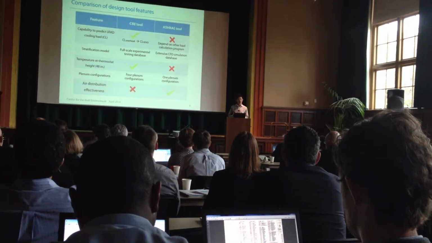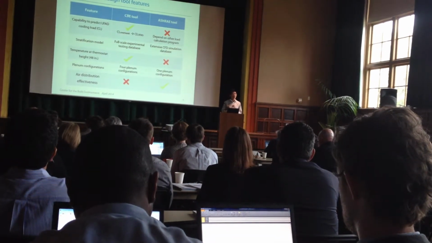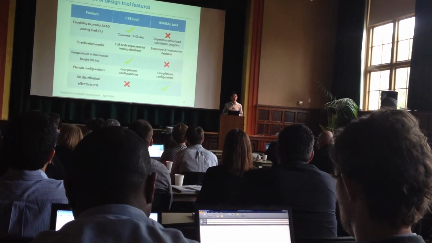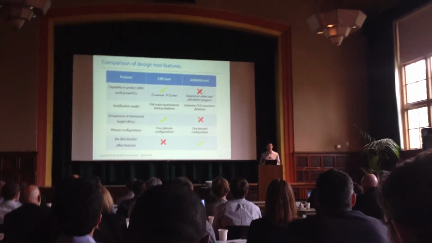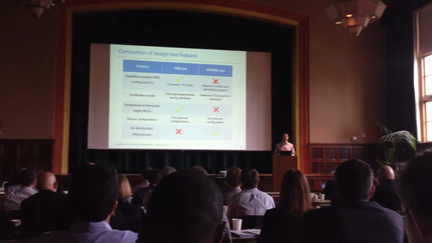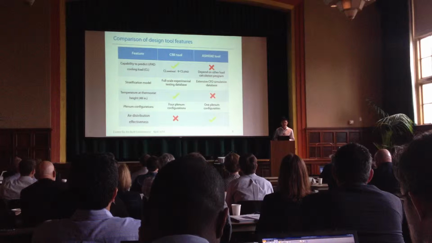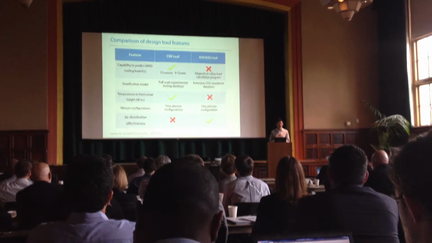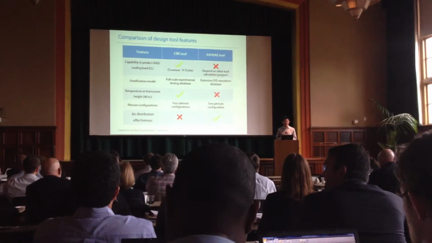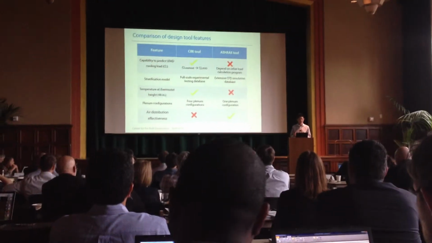Second, the stratification model that the CBE tool uses is developed based on a full-scale experimental testing database, and the ASHRAE tool is developed based on an extensive CFD simulation database. Third, the CBE tool provides a temperature at the thermostat height, which is 48 inches, but the ASHRAE tool doesn't.